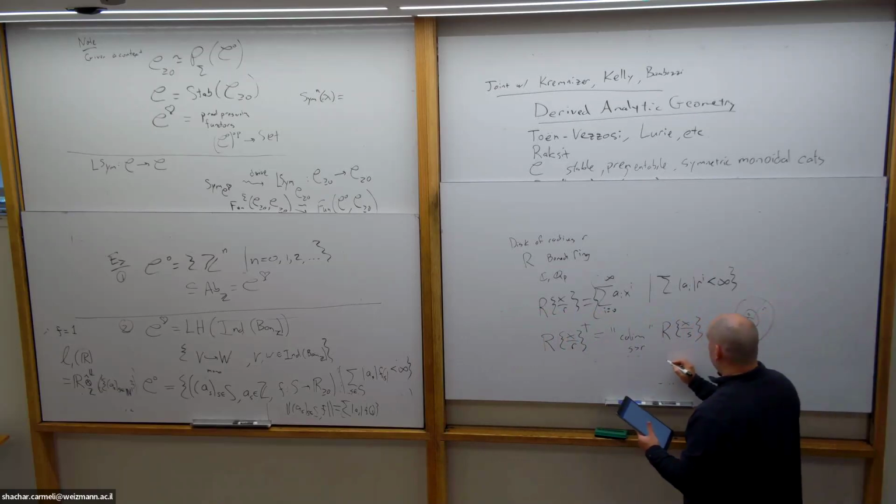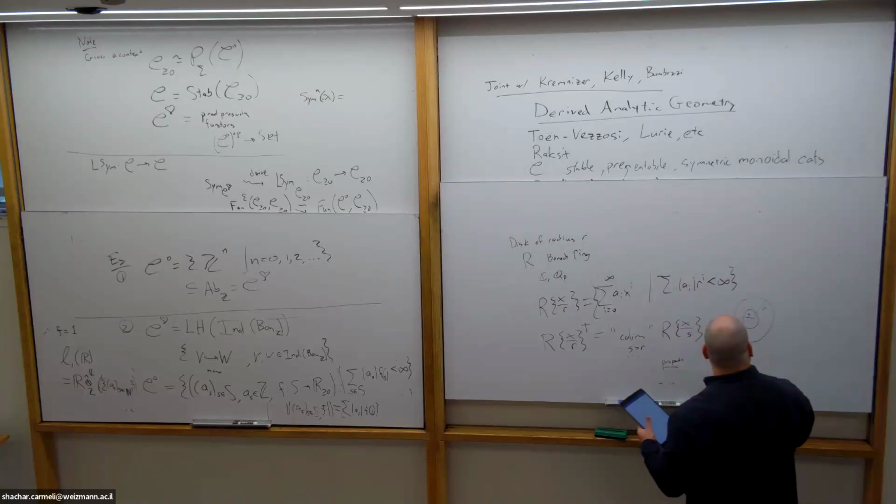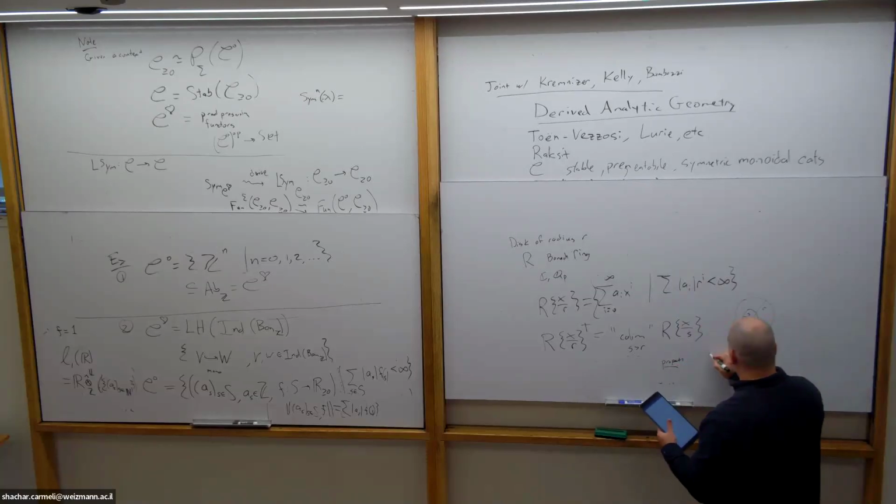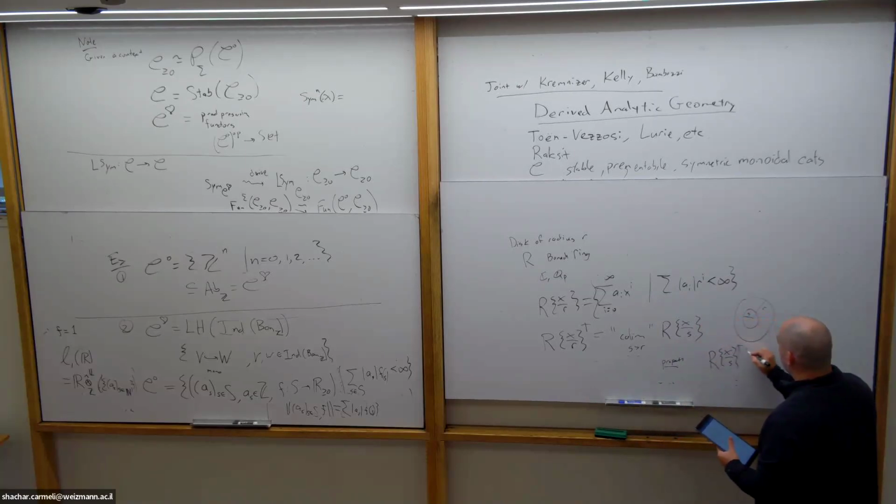So property. Sorry, yeah. So R[X] over S dagger is the completed derived tensor product of R[X] over R dagger.